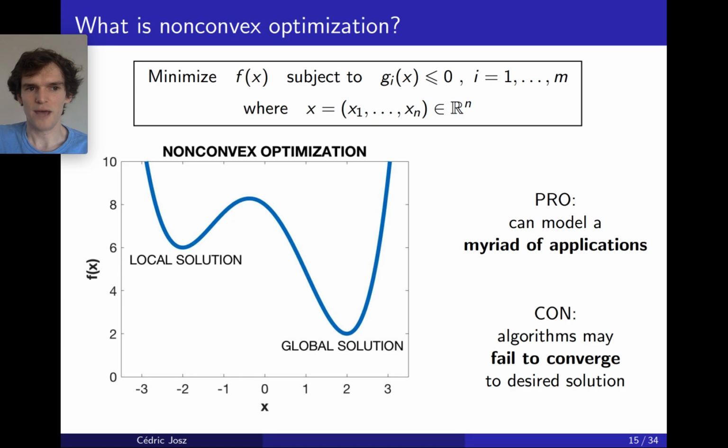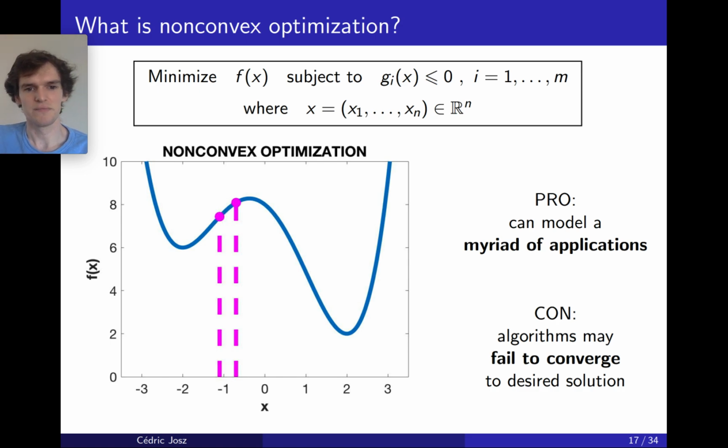And so when you do this approach of just taking iterates and looking in the neighborhood and trying to make it better, you could end up having something like this happen. And so you're going to converge towards a local solution. And so that is the disadvantage here. So algorithms may fail to converge to the desired solution. But the nice thing here is at least now you can model a myriad of applications.